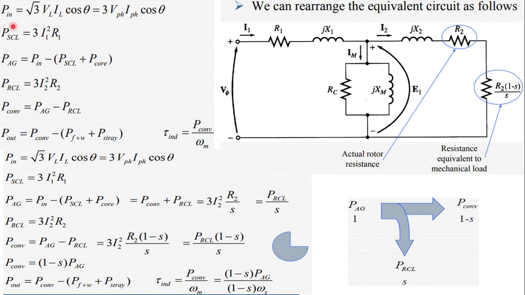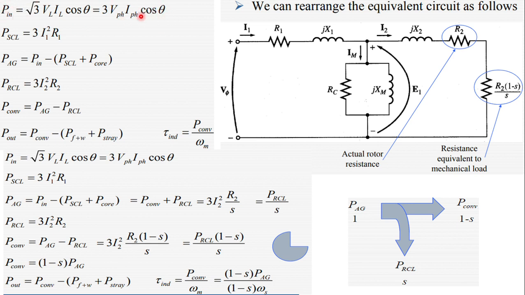Now we are going to deal with each equation one by one. The input power is equal to square root of 3 times line voltage multiplied by line current times power factor. So by multiplying both sides by square root of 3, we get 3 times phase voltage and phase current multiplied by cosine of theta. Here is the input power.